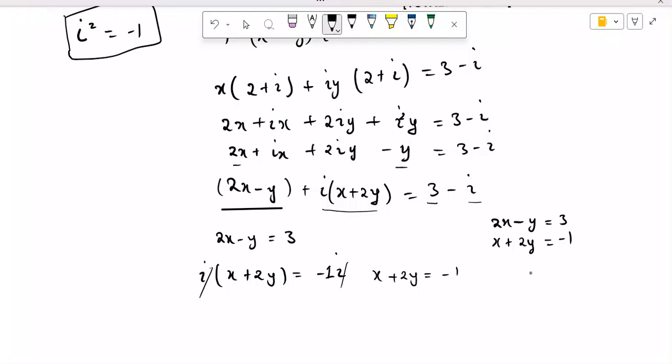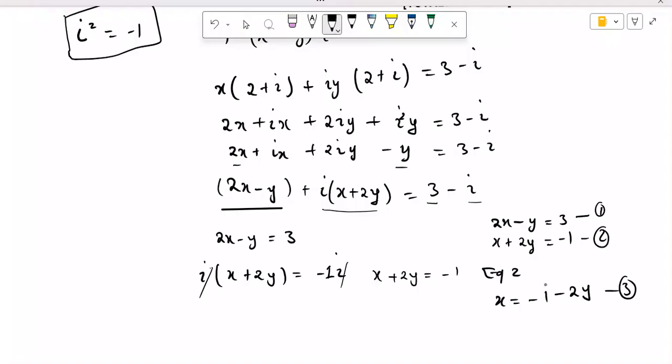So for easy calculations, let's use substitution. So we have this equation and this equation. Let's make x the subject of the formula in equation 2. So from equation 2, x equals -1 minus 2y. Just take this to the other side. This is our equation 3.